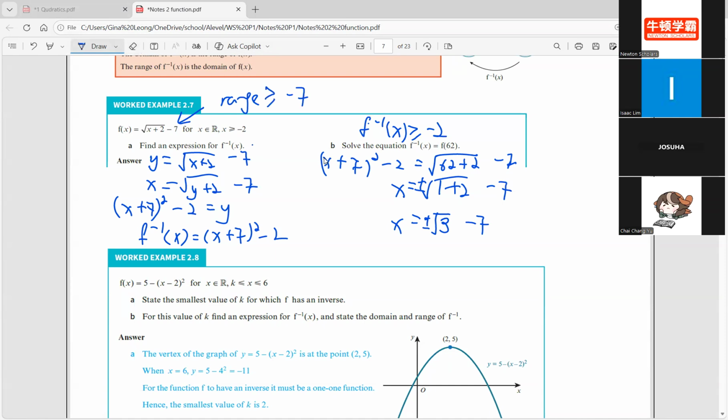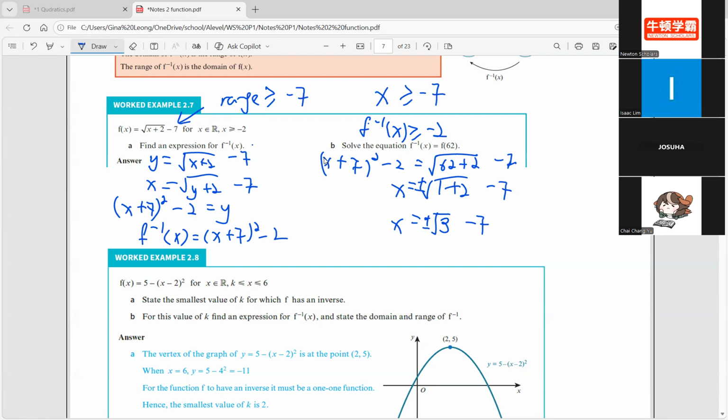So the domain is more than -7 also. The domain for the inverse should be more than -7 also. Okay, x is more than -7.